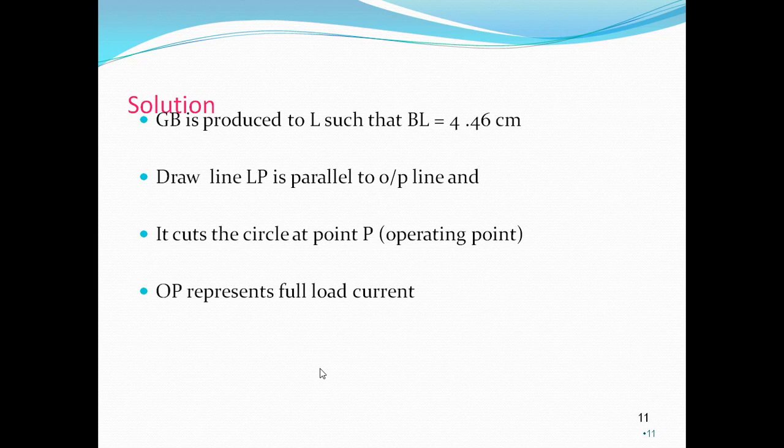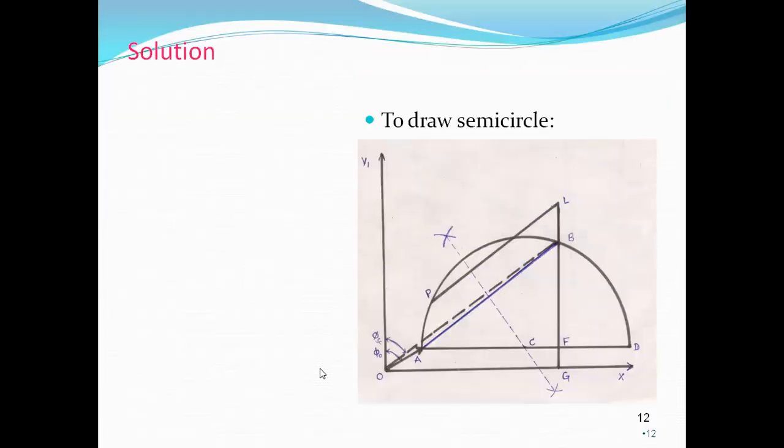This line cuts the circle diagram at point P, which is called the operating point. So OP represents full load current. See here, this is the BL which we have extended.